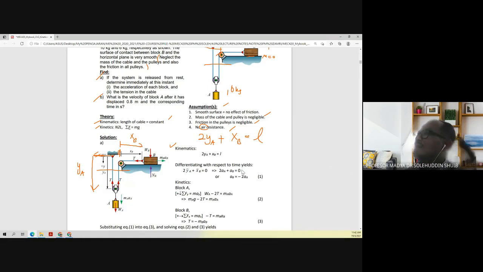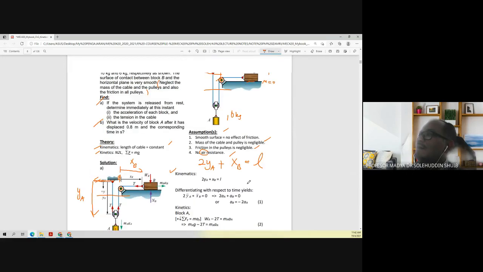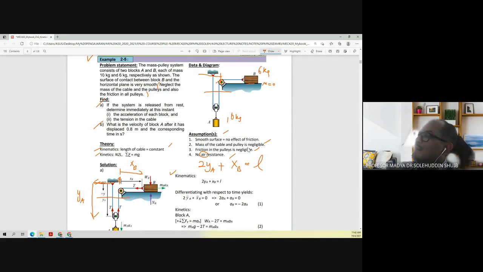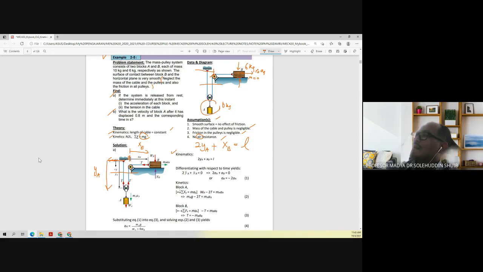This block B, you have the body weight, you have the normal force NB, and then the kinetic diagram, which is MB times acceleration of B. And for this one, you don't have any surface over here.